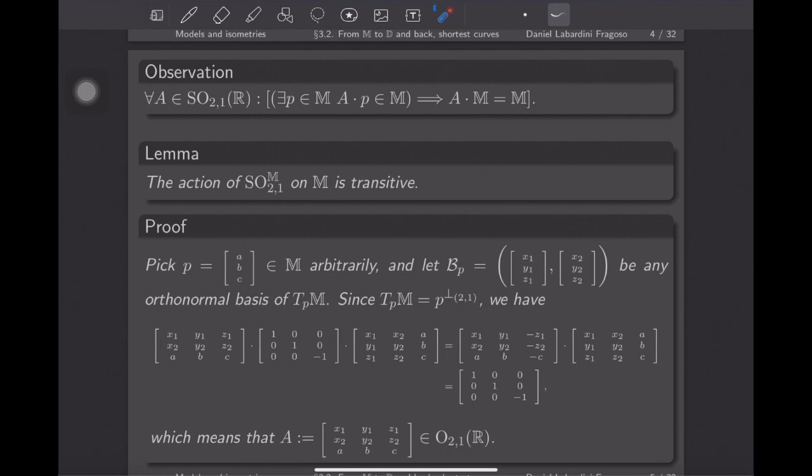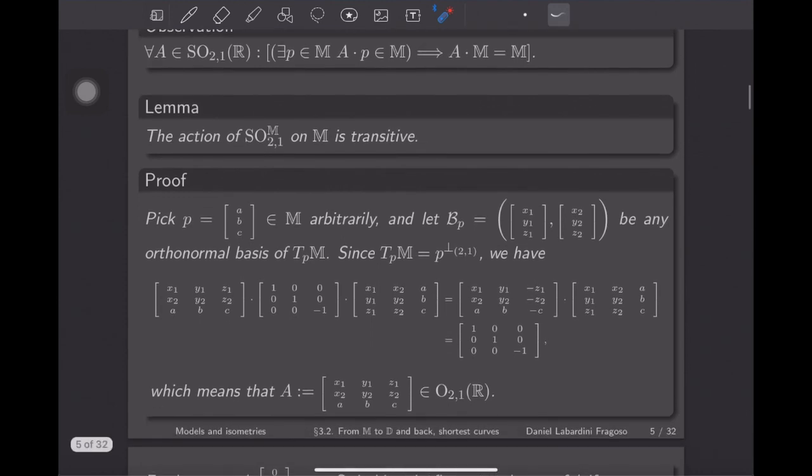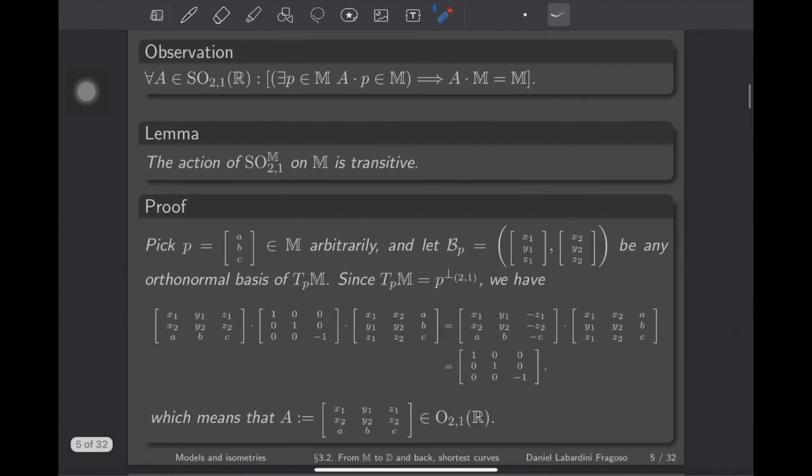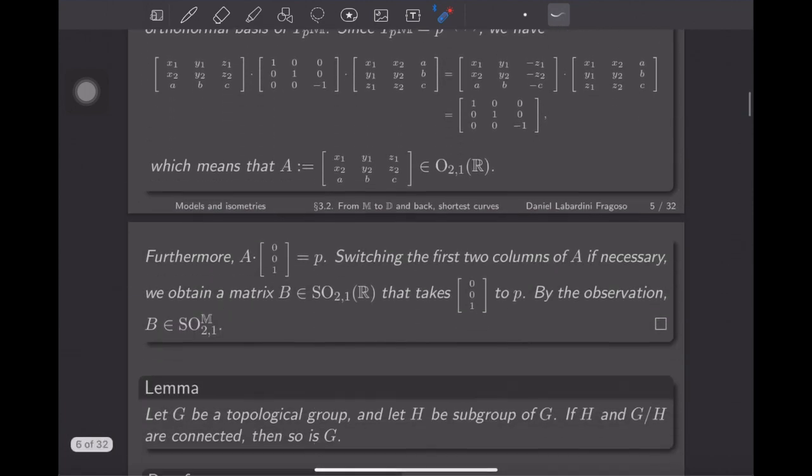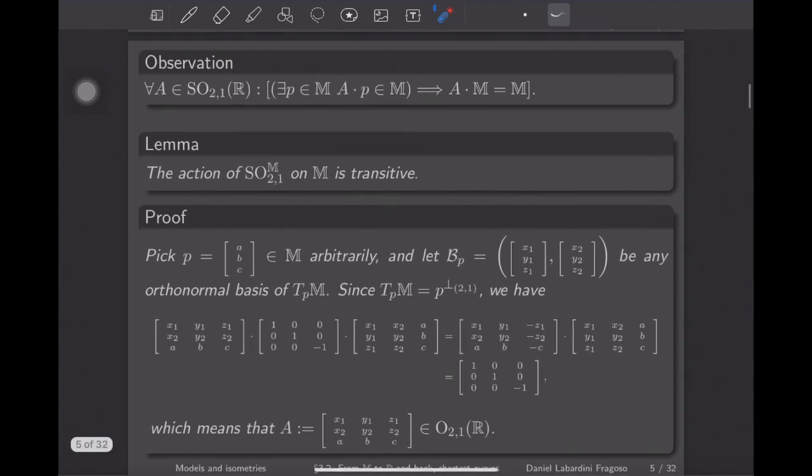What I'm going to show is that any point in the hyperboloid is the image under some matrix living in this group of 0, 0, 1. And then the idea is that this action is transitive because from 0, 0, 1 I can go anywhere, but I can also come from anywhere to 0, 0, 1 via the inverse.